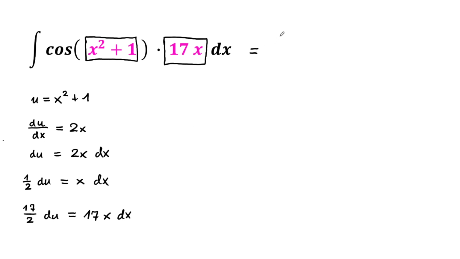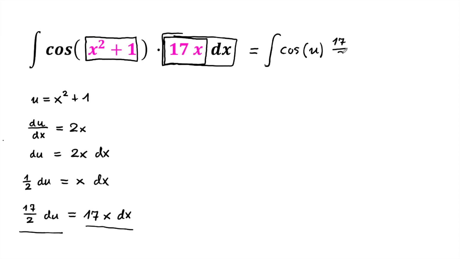So this is going to be the integral of the function cosine of u, and then the 17x dx factor will be replaced by 17 over 2 du. This is a constant, we can pull it outside. So this is simply equal to 17 over 2 times the integral of cosine of u du, which is easy to integrate.